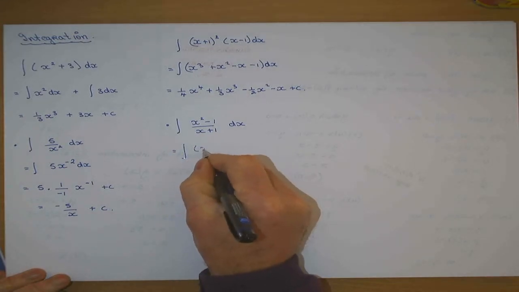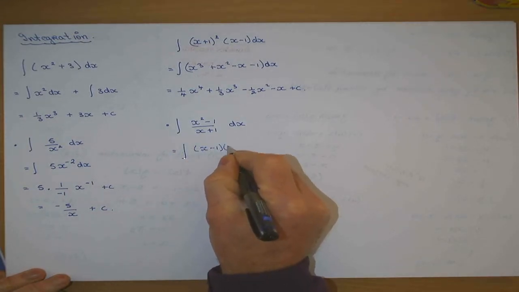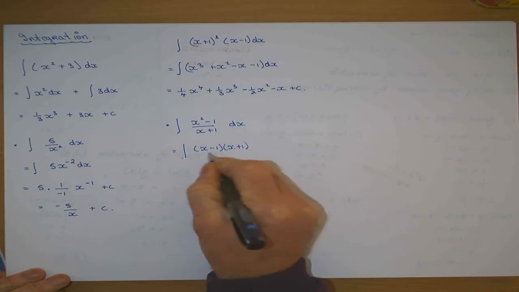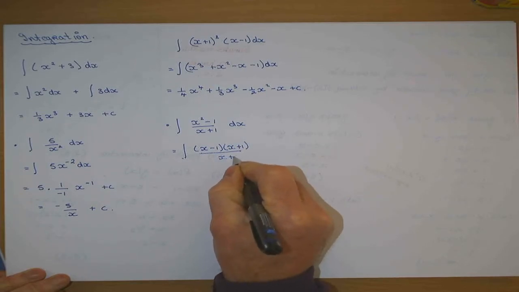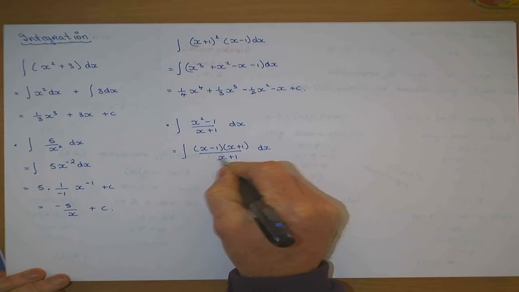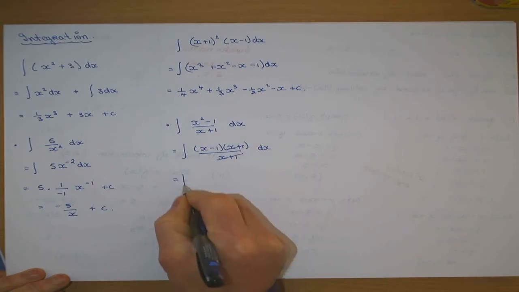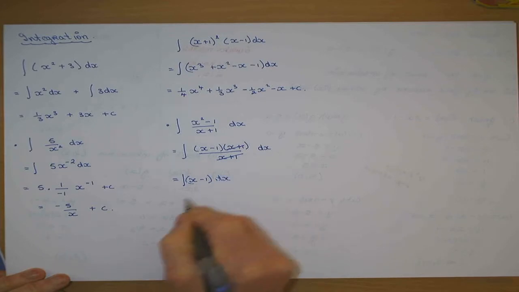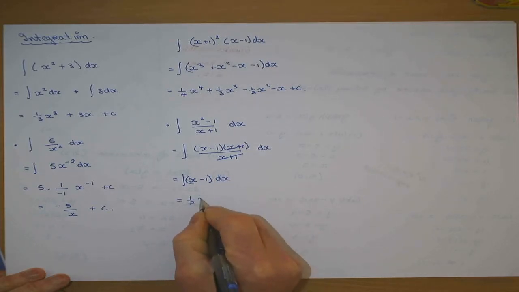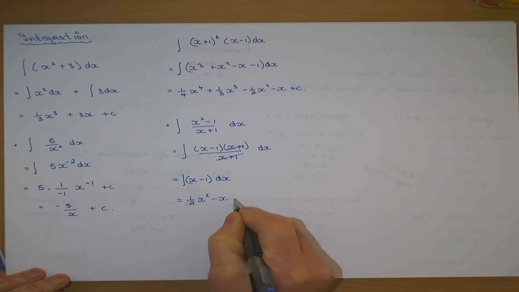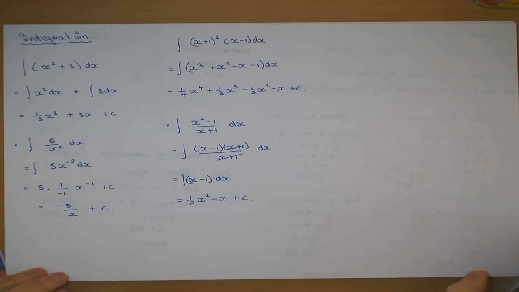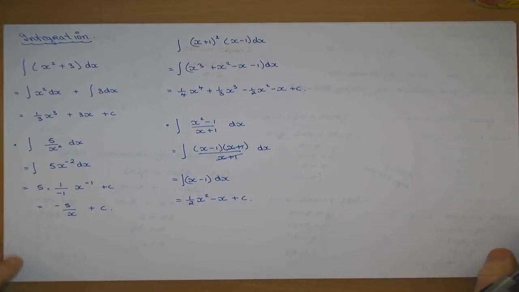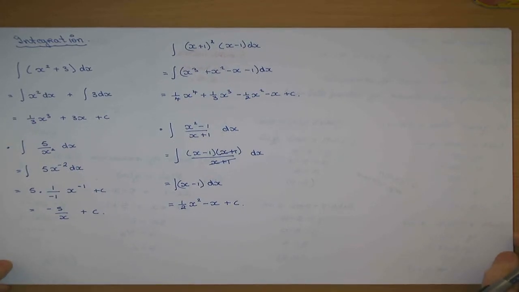X squared minus 1 is x minus 1 times x plus 1, the difference of two squares, over x plus 1 dx. They cancel. It's the integral of x minus 1 dx. The integral of x is 1/2 x squared, minus x, plus c. And we explained to you yesterday why there is the constant of integration.